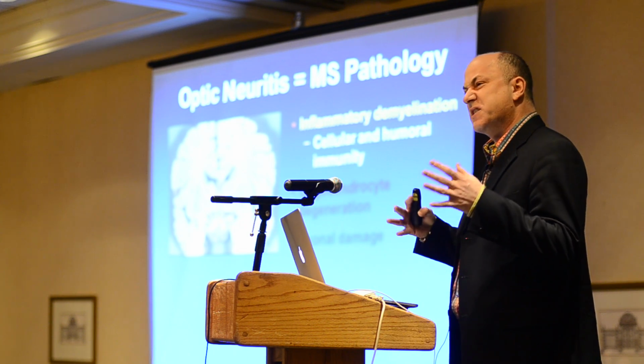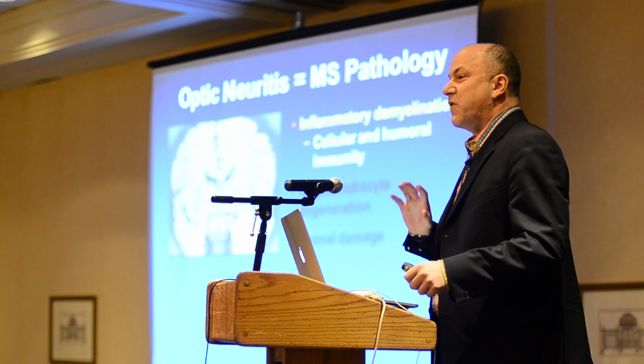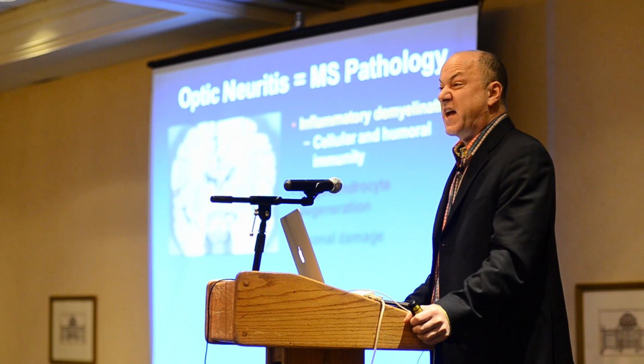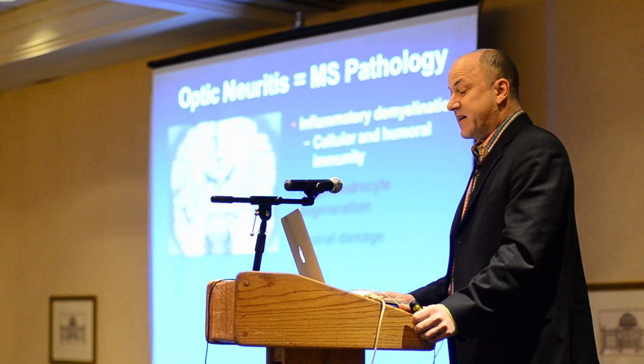And in particular, this is a mixed injury that you've heard about that involves immune cells and involves humoral factors such as antibodies and proteins that communicate between cells such as cytokines.